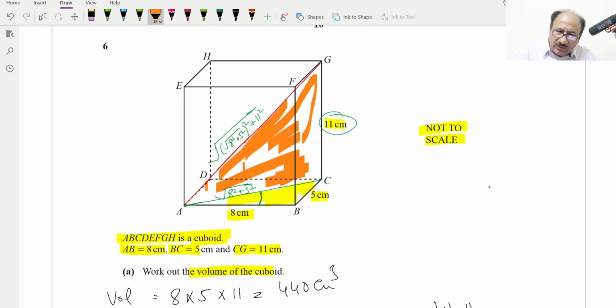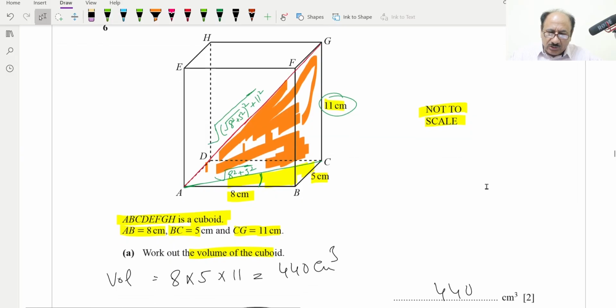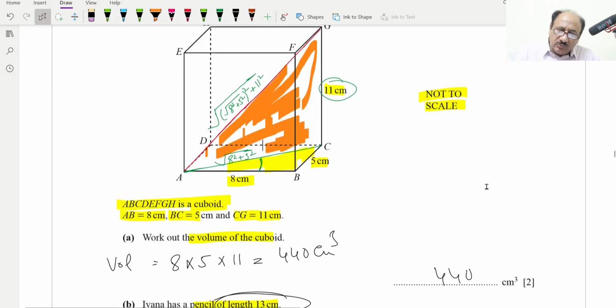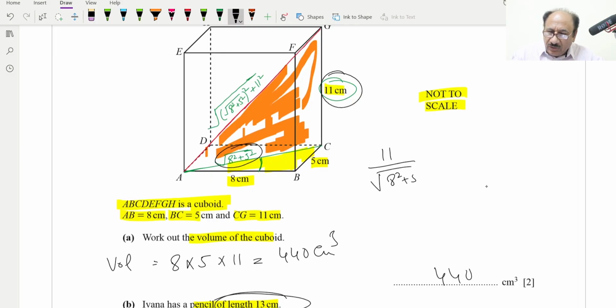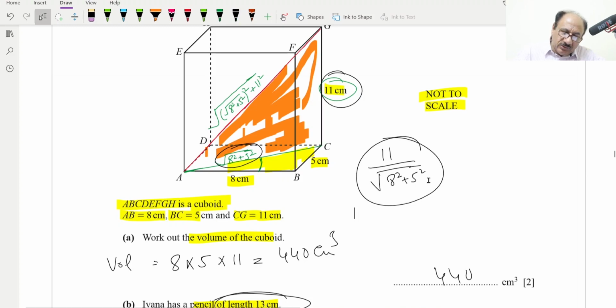In this triangle, it is 11 divided by the square root of 8 squared plus 5 squared, and this will be tan of theta. Then we will get the required angle.